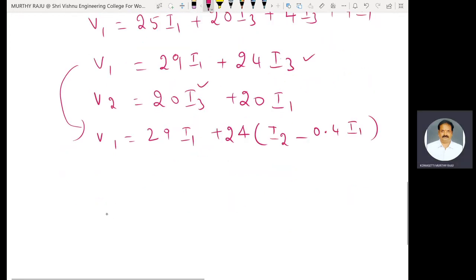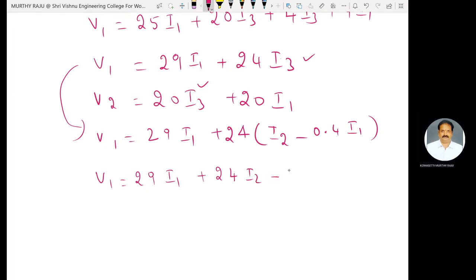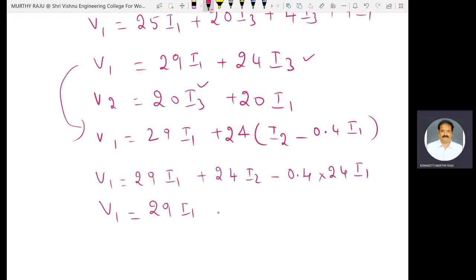Therefore, V1 is equal to 29 I1 plus 24 I2 minus 0.4 into 24 I1. V1 is equal to 29 I1 plus 24 I2.